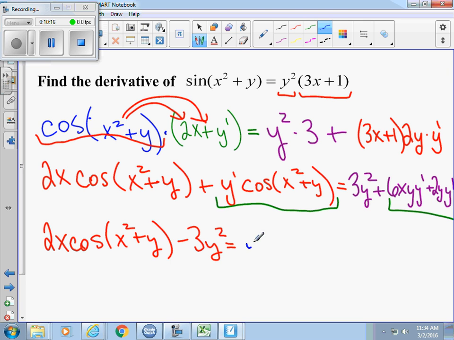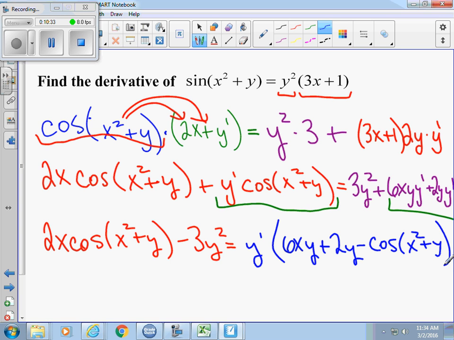I'm going to put all the y primes on the other side. I'm going to go ahead and factor out the y prime. If you don't want to do that, you wouldn't have to. So I get 6xy plus 2y minus cosine of x squared plus y.